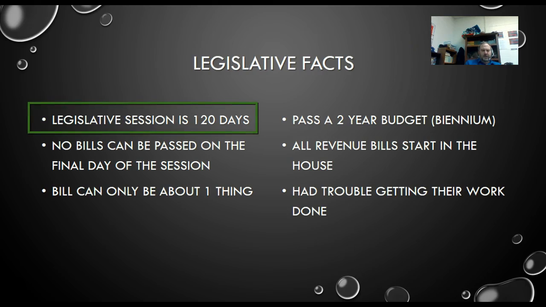The legislature has 120 days to get its work done. No bills can be passed on the final day of the session, so it's interesting to listen to the night before the session ends how rushed they are to get their work done. And in the last 4 years, the state legislature has had trouble getting its work done.